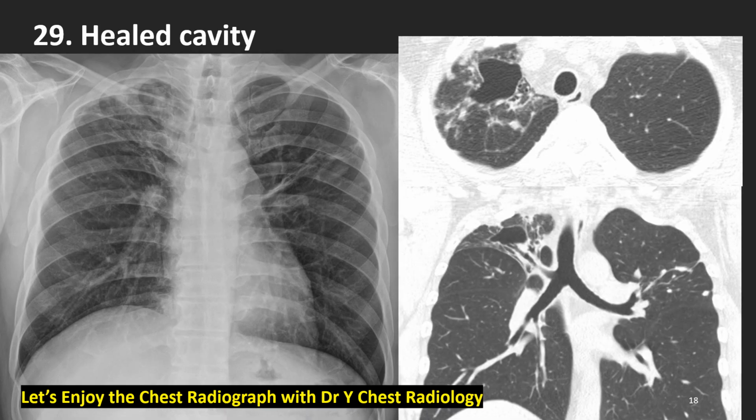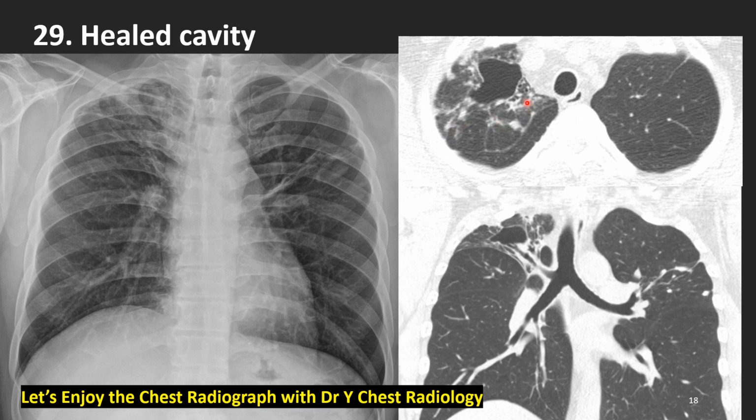We sometimes say about the healed cavity. Cavitation usually means active tuberculosis, but we sometimes see very thin-walled cavities after treatment with stable features, no change for more than 6 months, without active disease findings.